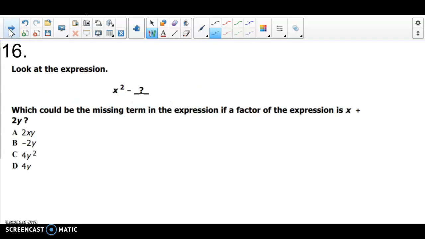Looking at the expression, which could be the missing term in the expression if a factor of the expression is x plus 2y. So I have x plus 2y. This is the factor, okay? So I've got to be able to take out an x plus 2y from something here, okay?